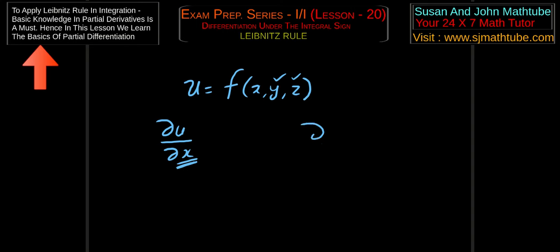At the same time, when you find curly d with respect to y, the partial derivative with respect to y, you treat y as a variable and the other two as constants. And similarly, the partial derivative with respect to z will be obtained by treating z as the only variable. X and y will be treated as constants.